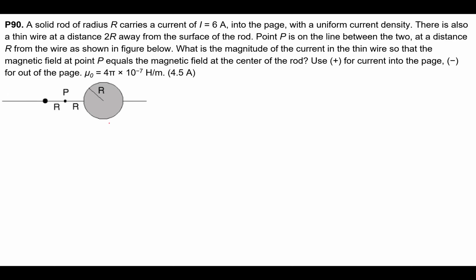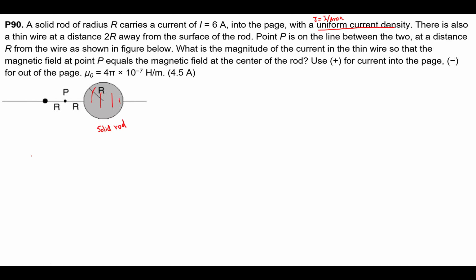This is the solid rod, with a uniform current density, which means J is the same across the cross section, and the current density is given by I over area.